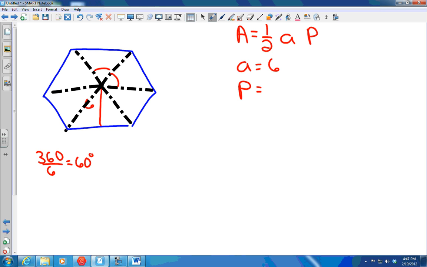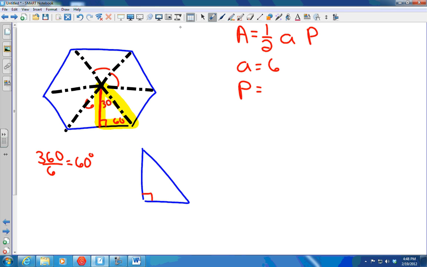So I know each of those is 60 degrees. I know my apothem divides that 60-degree angle in half. So again, that's 30, and that's 60. And so let's pluck that triangle out. Let's work on that triangle separately.